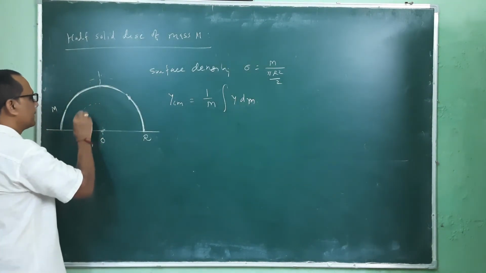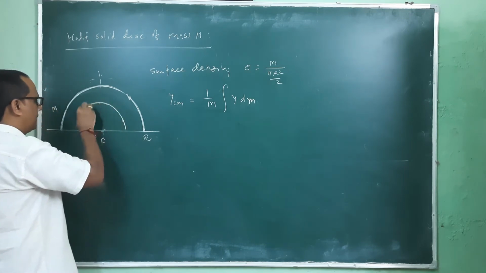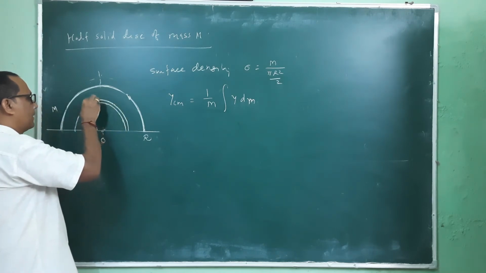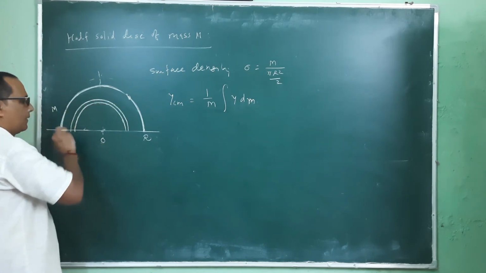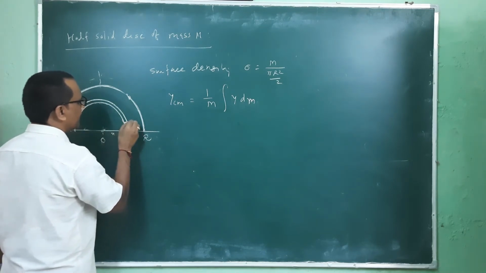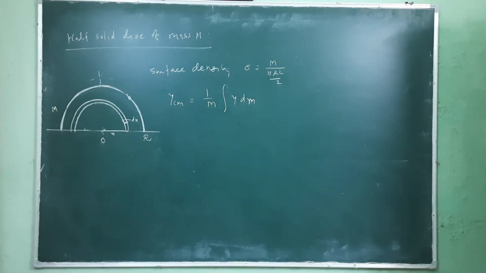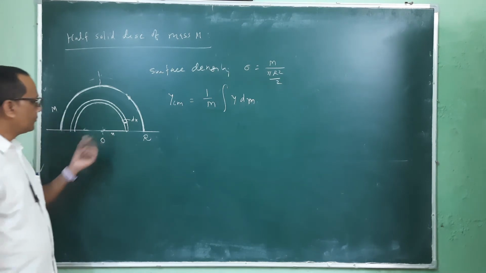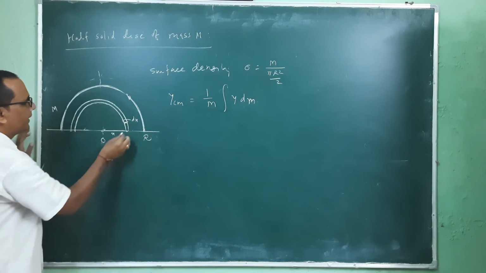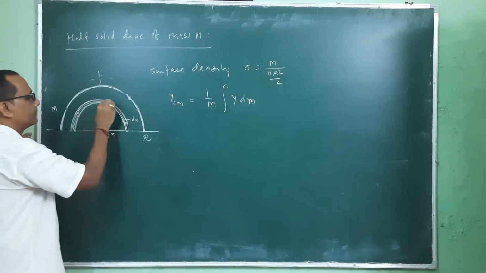Let's say at the position x there is one small strip dx. From 0, this is x and this is dx. So we can calculate the mass of this strip.